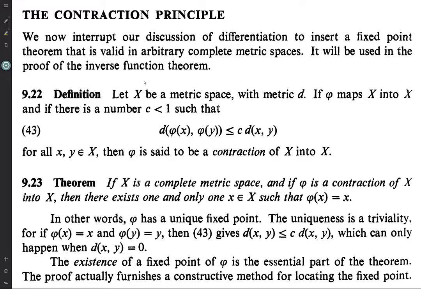If this is true for any two x and y in your space, then phi is said to be a contraction of X into X. Of course, here it says the number c must be strictly less than 1.